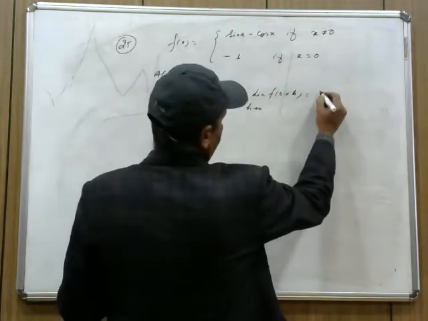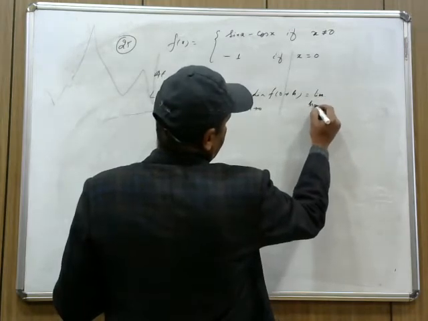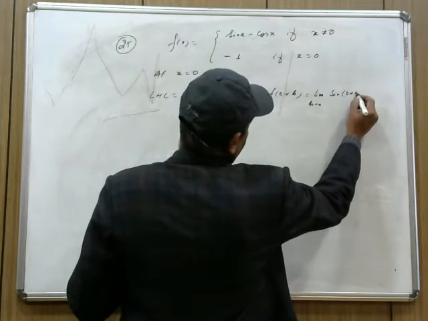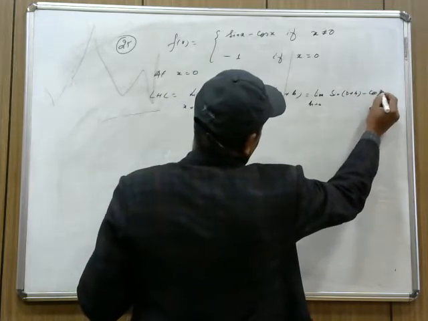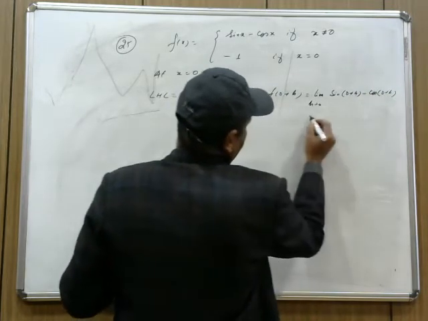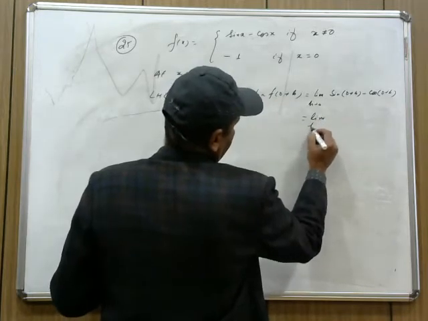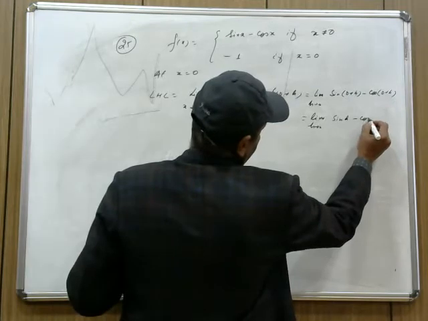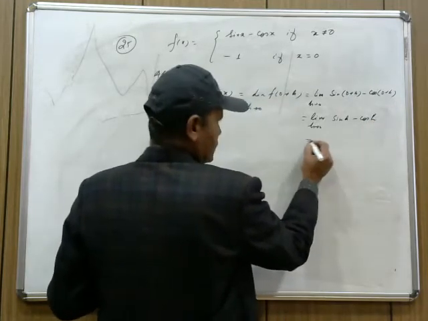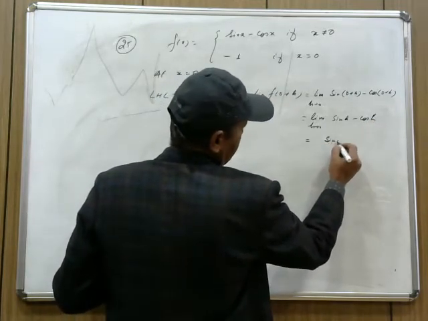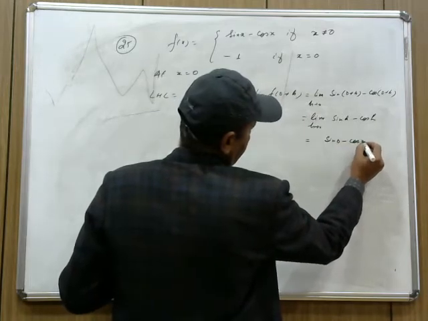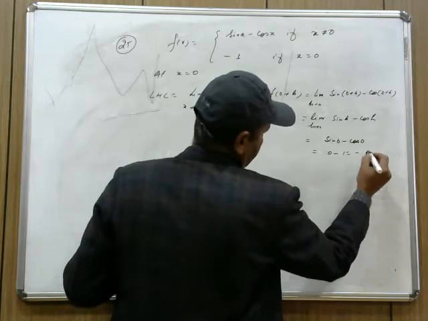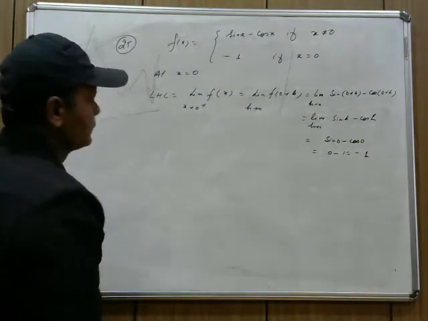Therefore, now I write limit h tends to 0 sin 0 plus h minus cos 0 plus h, which is equal to limit h tends to 0 sin h minus cos h. Now h tends to 0, therefore sin 0 minus cos 0, and cos 0 is how much? This is 0 minus 1 is equal to minus 1. Sin 0 is 0, right?